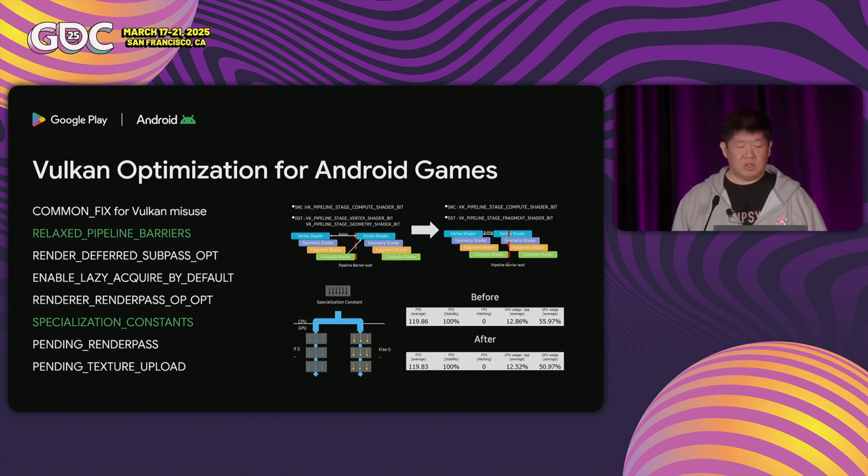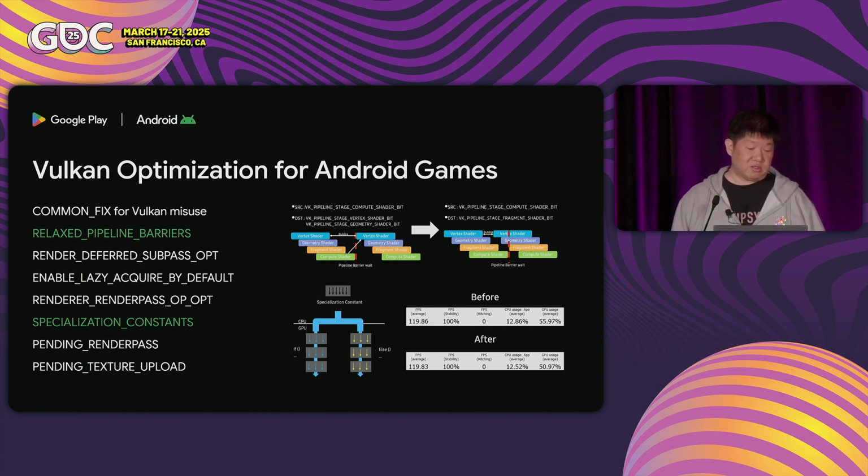So not only that feature, but there's also many kinds of Vulkan optimization necessary for developing Android games. There's a bunch of things listed on the right side of the slide. There are still many common misuses of Vulkan, even in commercial game engines like Unreal Engine and Unity, which are well known. Also relaxing the pipeline barriers; pipeline barriers are one of the tricky points of using Vulkan properly.